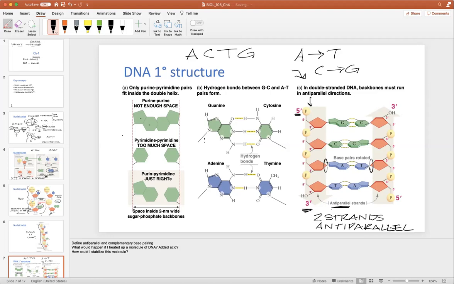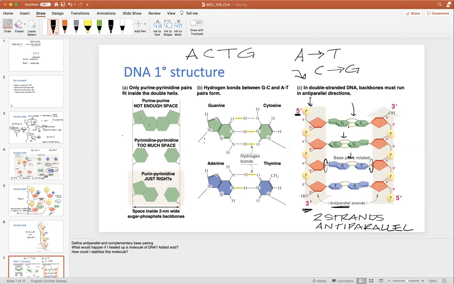And again, the reason that one is upside down relative to the other is so that these bases link up properly. Now let's talk about how these bases link up. You can see that there's some dotted lines that are drawn here, dotted and highlighted. That's actually indicating for you that these are not covalent bonds. These are in fact hydrogen bonds, okay? Meaning that they are not permanent, okay?